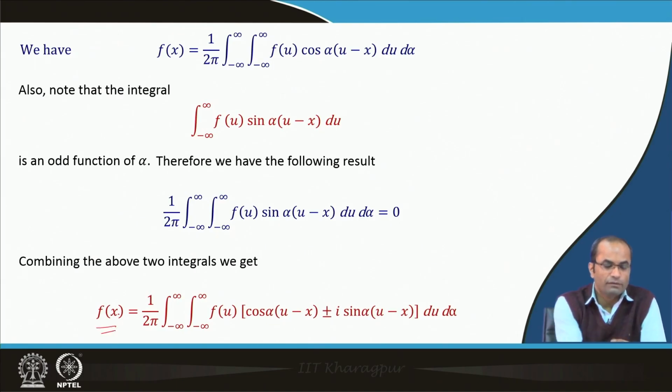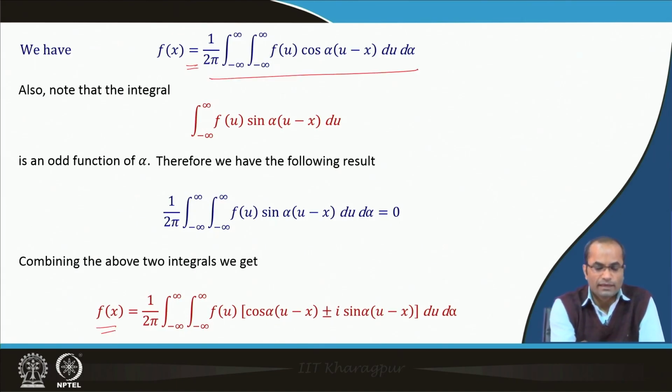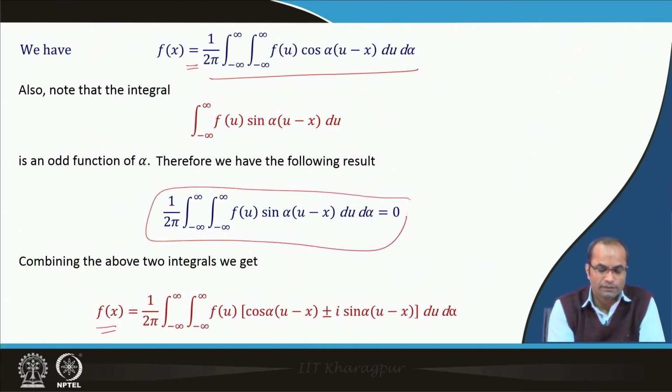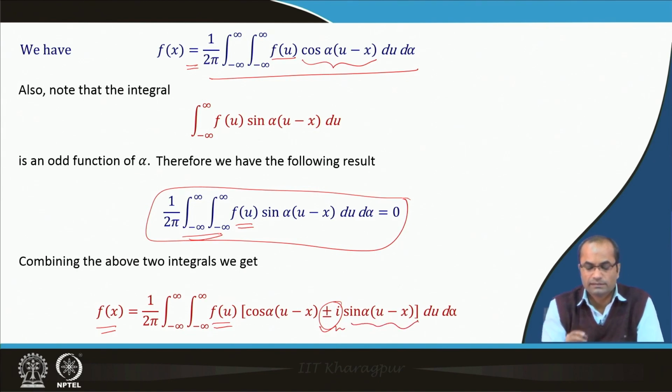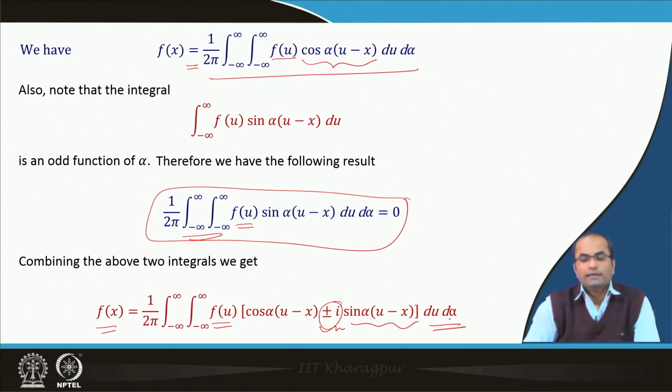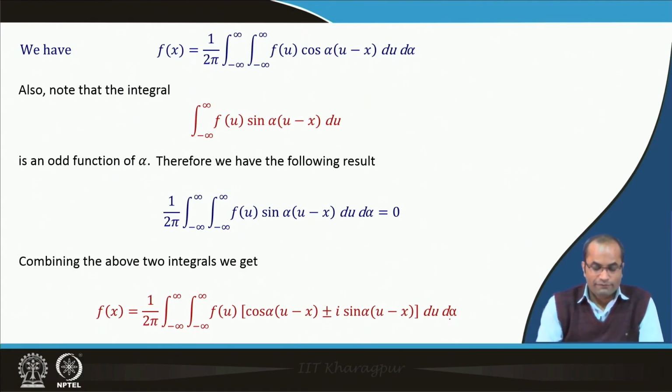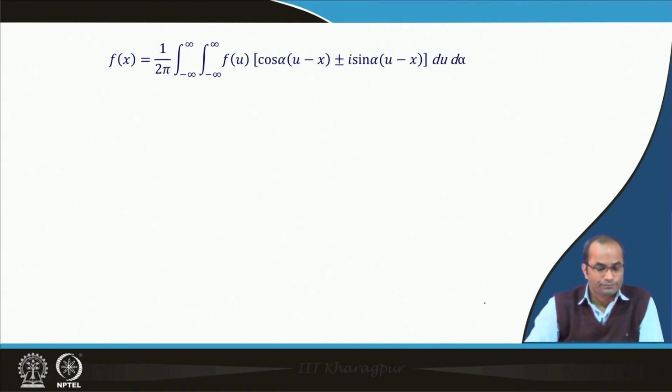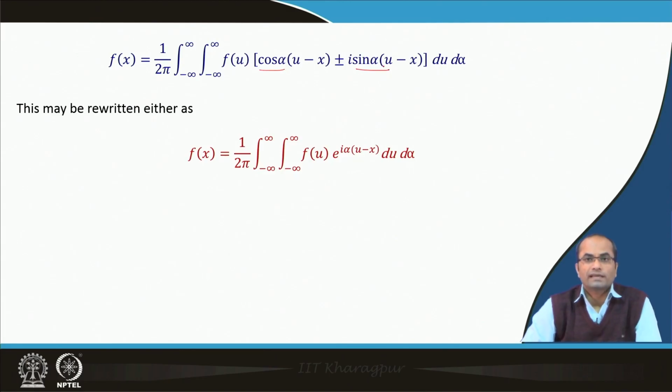So f(x) will be equal to the first part plus the second one multiplied by i. f(u) is common and the integrals are also the same, so we have taken f(u) outside, and then we have cos(alpha(u minus x)) combined with plus i sin(alpha(u minus x)), and then du and d alpha. Having this representation, now we will rewrite it again, because we have the cos alpha and plus i sin alpha terms, which can be written in exponential form.